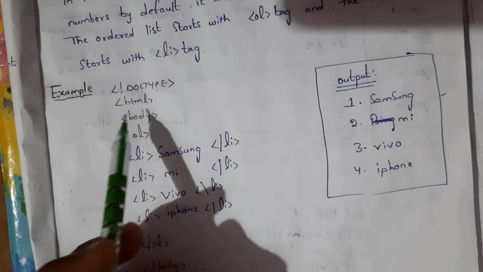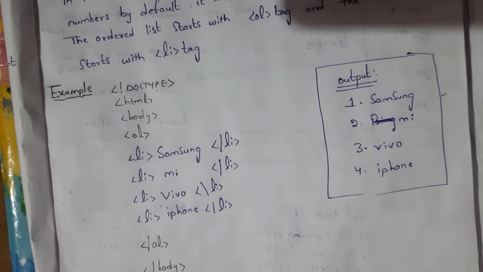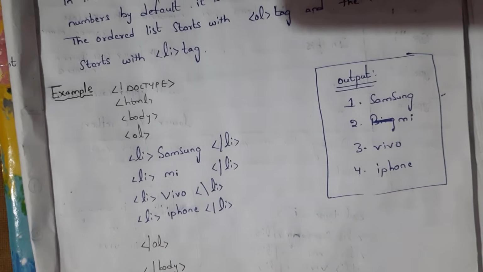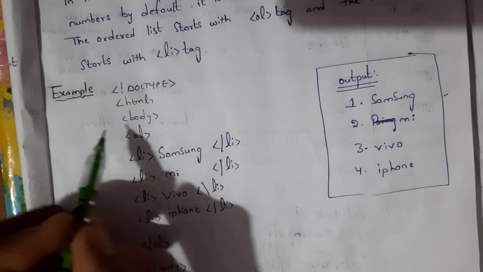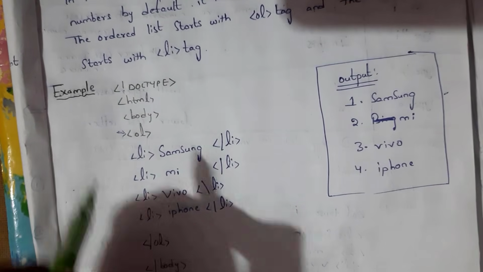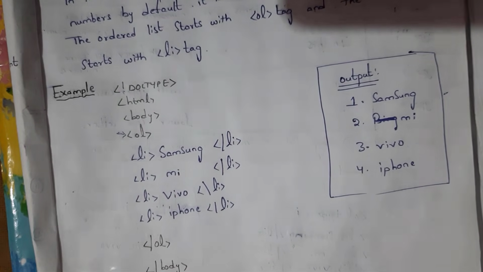As we all know, every HTML program contains head and body, and in head we are going to write the title. You can write the title as HTML ordered list, and inside body we are going to write the actual program. Here I opened the OL tag. OL stands for ordered list.